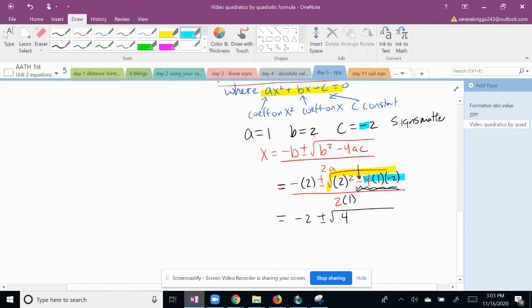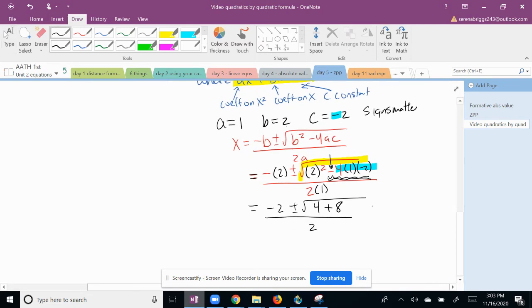When I multiply 4 times 1 times -2, I get -8. But I'm subtracting a -8, so this is going to be +8. Then all over 2. On this step, I did both my exponents and my multiplication.